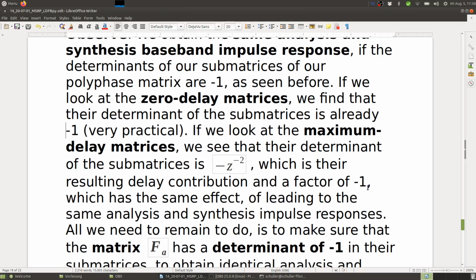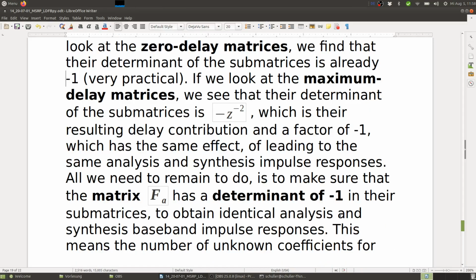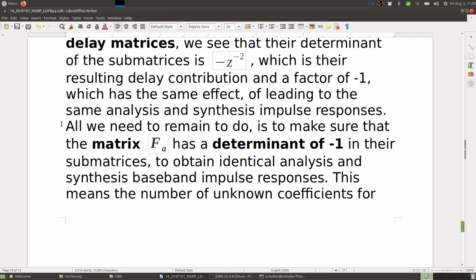So again, it works, which has the same effect of leading to the same analysis and synthesis impulse responses. So convenient again. All that remains to do is to make sure that the matrix FA has a determinant of -1 in its submatrices to obtain identical analysis and synthesis baseband impulse responses.